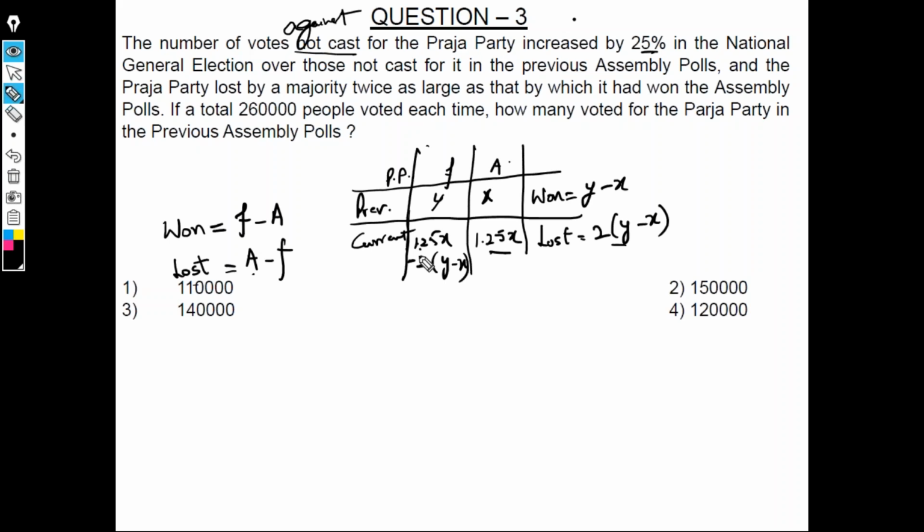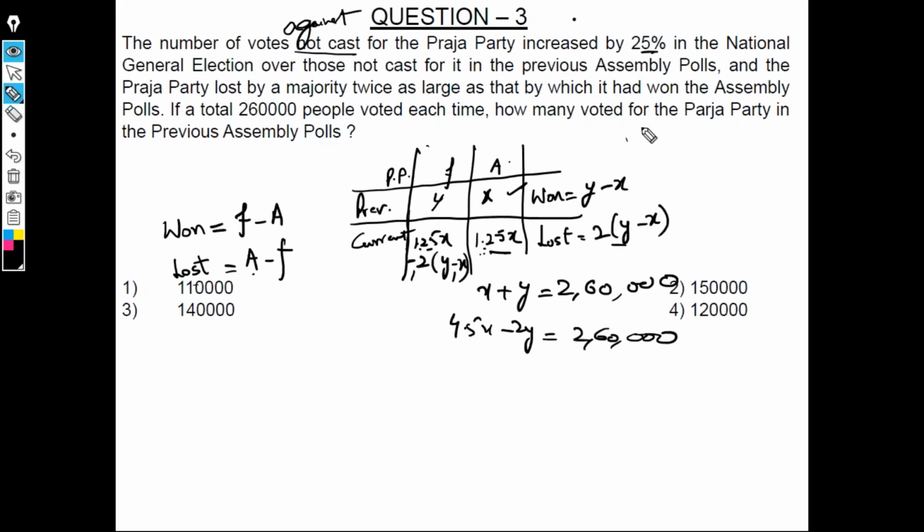Then the question says a total of 2,60,000 people voted each time. So the first equation is x plus y equal 2,60,000. The second equation is the sum of these two. So 1.25 is 2.5 plus another 2x, which is 4.5x minus 2y, equal 2,60,000.